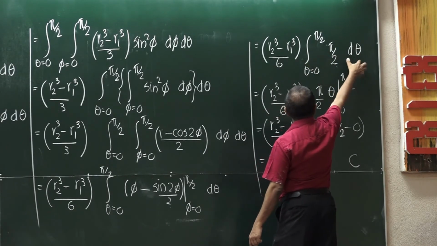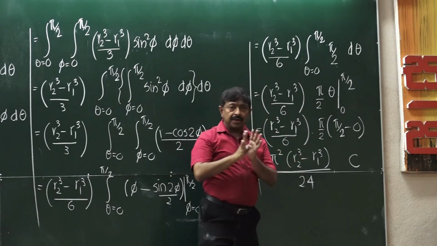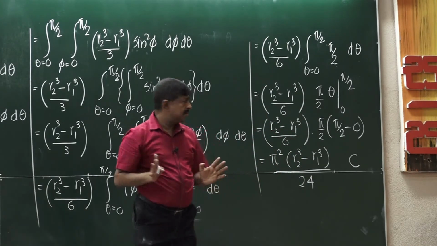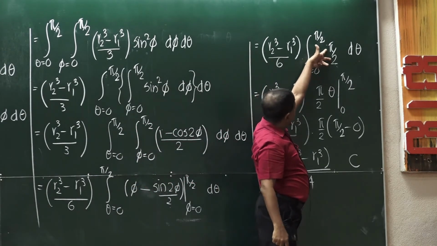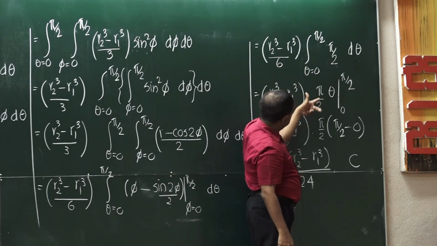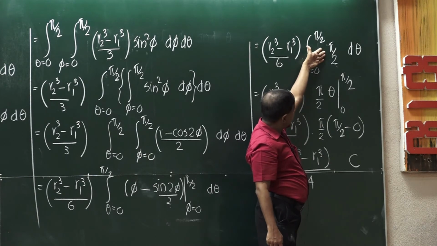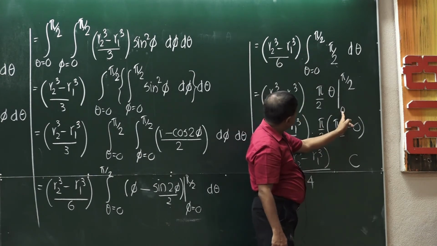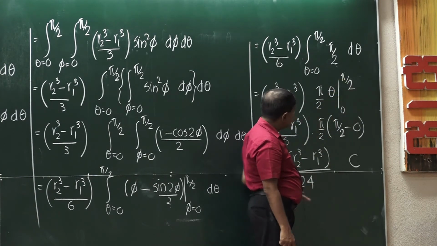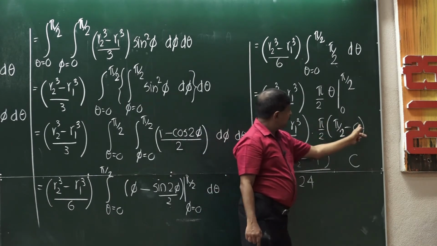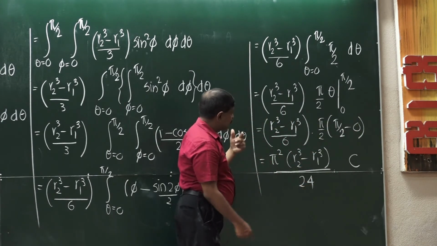Now, it is a simple integral. The life is so easy after this. Now, when you integrate this one, you get pi by 2 times theta, because this is a constant. Now, limits are from 0 to pi by 2. Again, you plug in them, then simplify.